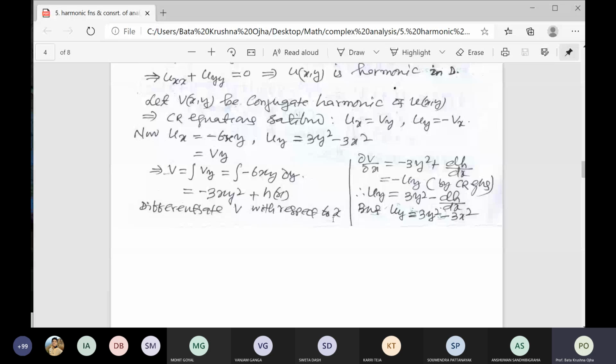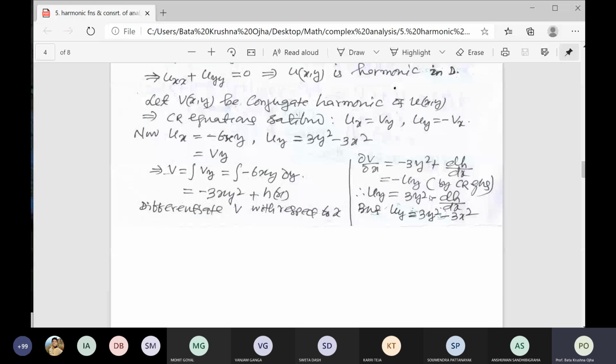If you differentiate, del v by del x is equal to minus 3y square. Differentiating means at that time y is treated as constant. So minus 3y square plus here dh by dx, not a partial derivative, because h is a function of a single variable.